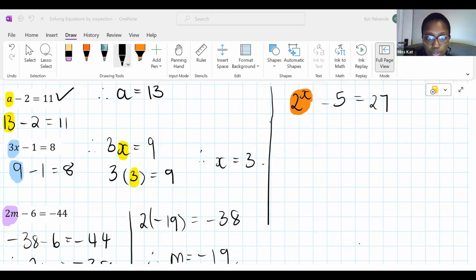So 32. 32 minus 5 is equal to 27. Therefore, 32 is equal to what?